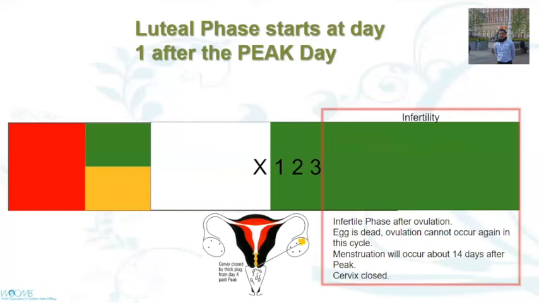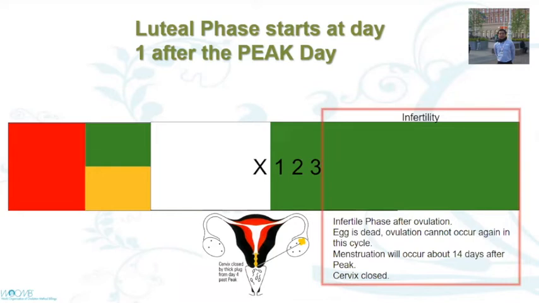And during the days of infertility, from the 4th day past the peak day until the next menstruation, the cervix is completely closed. So take note, if you are asked when menstruation will commence: menstruation can only commence 11 to 16 days after the peak day.